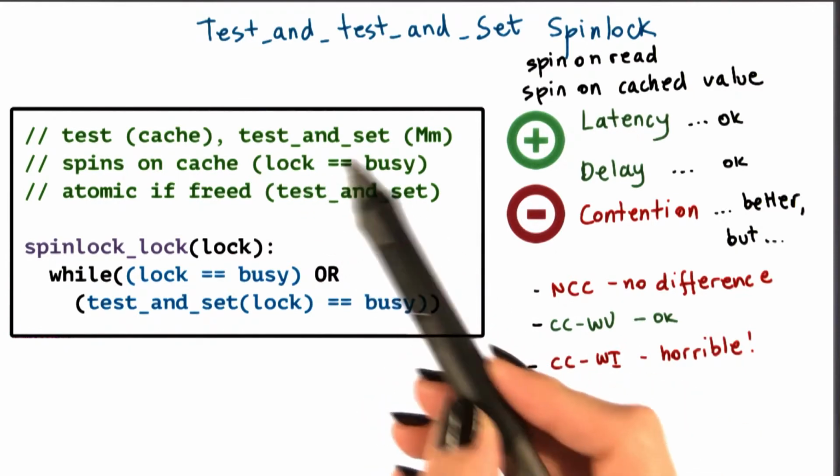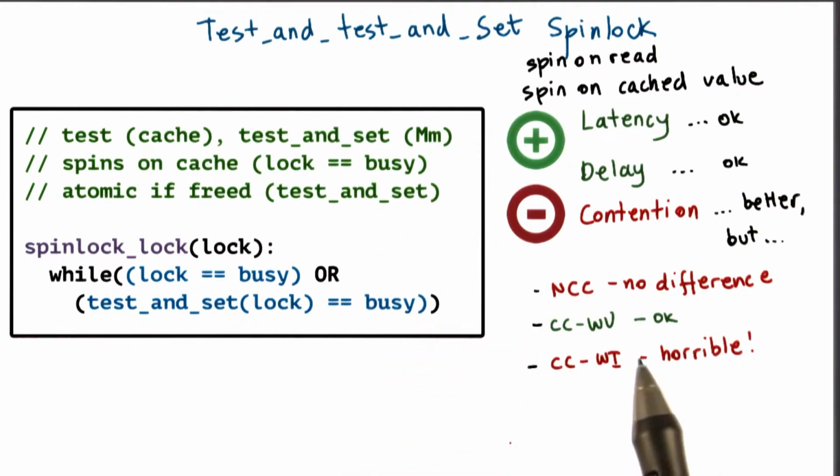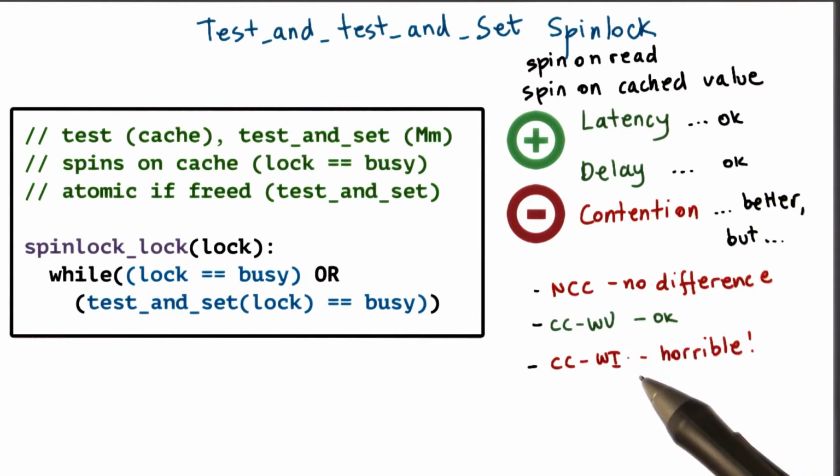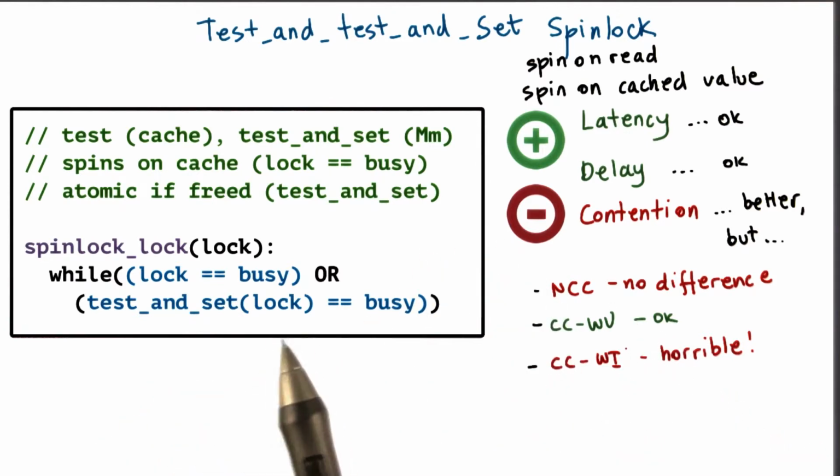Now, the worst situation of using this particular Spinlock implementation is when we have a write-invalidate based architecture. In this case, every single attempt to acquire the lock will not only generate contention for the memory module, but it will also create invalidation traffic. When we talked about the atomics, we said that one outcome of executing an atomic instruction is that we will trigger the cache coherence, so the write update or write invalidate traffic, regardless of what the situation is.